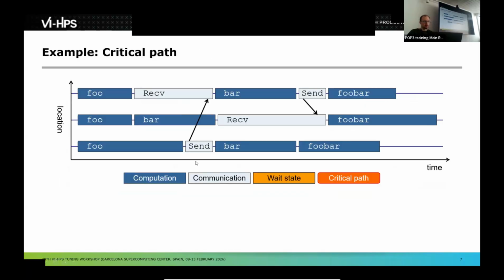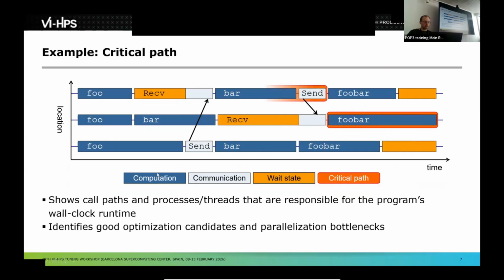The next part is the example of the critical path analysis, where we look at the trace and see where we have wait states and which are the critical execution elements that determine how long the actual wall clock time of your program is.